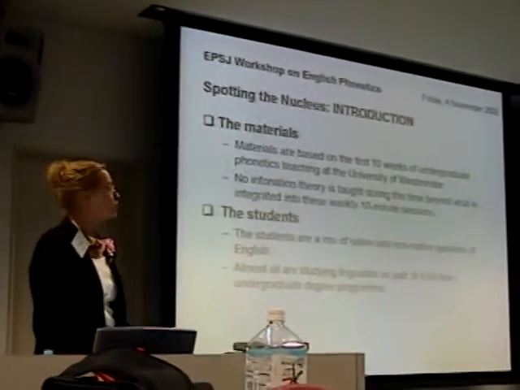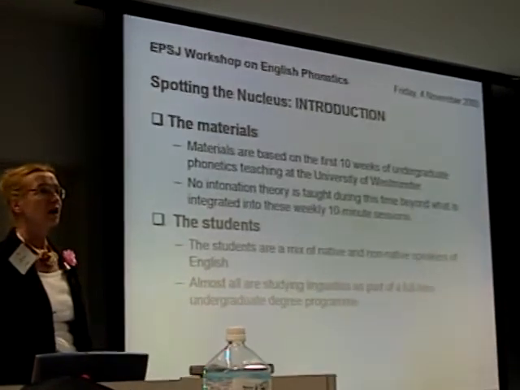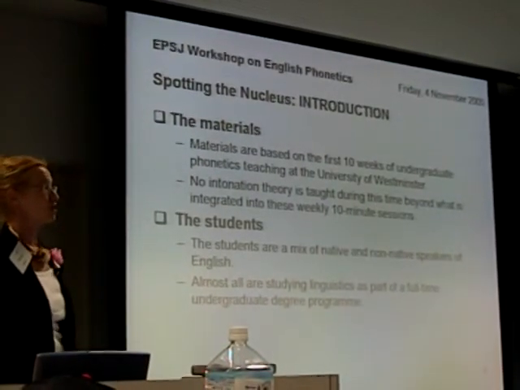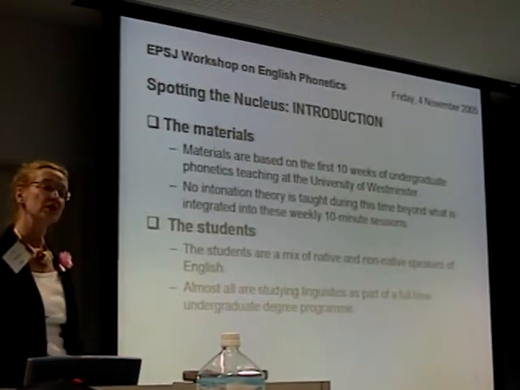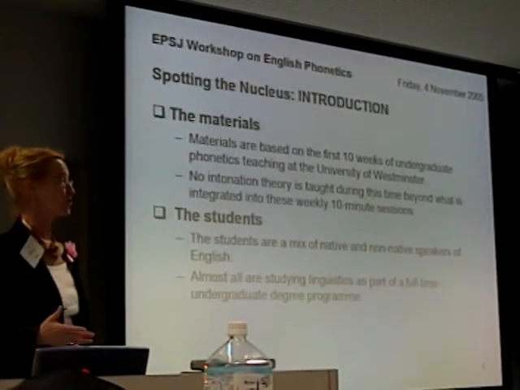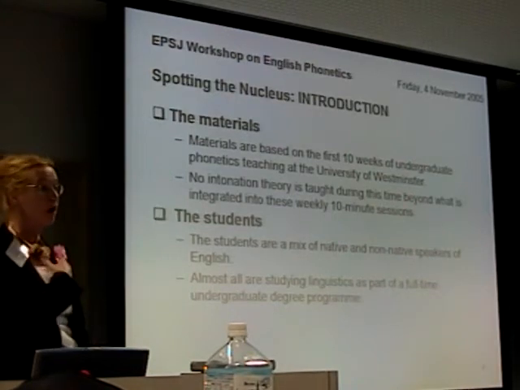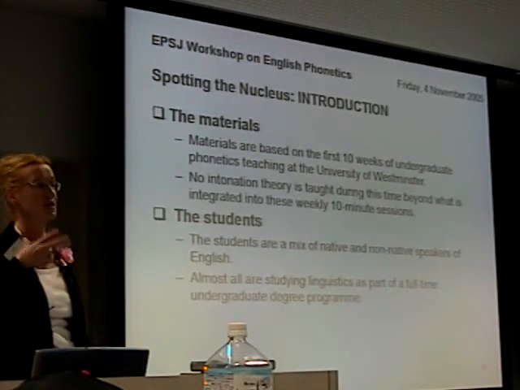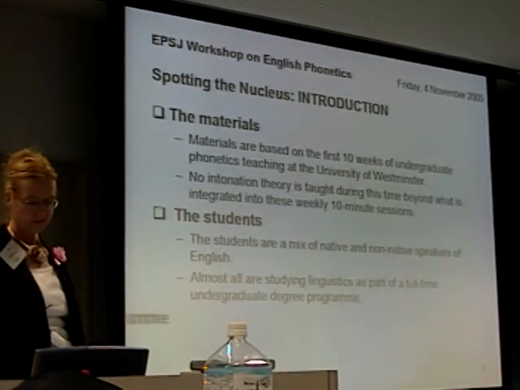Most of the people that I'm teaching are taking linguistics as part of their undergraduate degree, but a few people are just coming because they are interested, and they come as occasional students, and they just take, say, my course or somebody else's course, just out of interest in that subject.